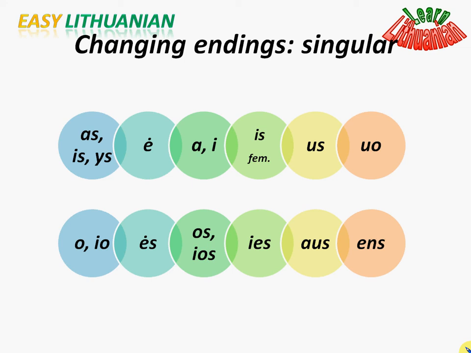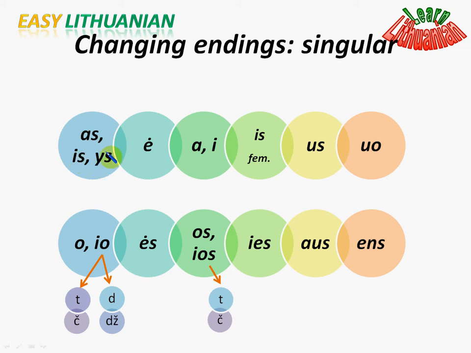One thing to mention is that when there is a softening sign, there are such sound alternations. When a noun ends in such soft endings, for example, is, these endings is and is turn to endings with a softening sign.